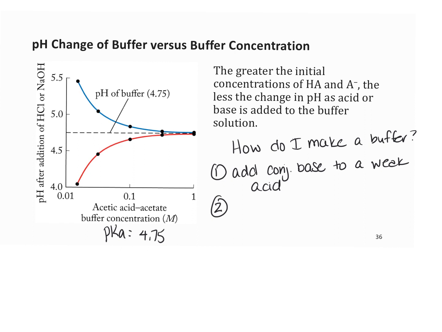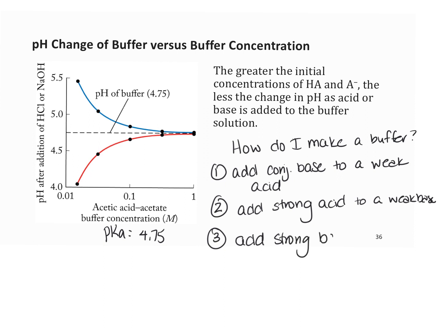The second way is to add a strong acid to a weak base, because that weak base will react and form the conjugate weak acid. So now all of a sudden you'll have acid-base pairs. And then the third way is to add a strong base to a weak acid. All right, so this ends our lecture on buffers. If you have any questions, please feel free to stop by my office.